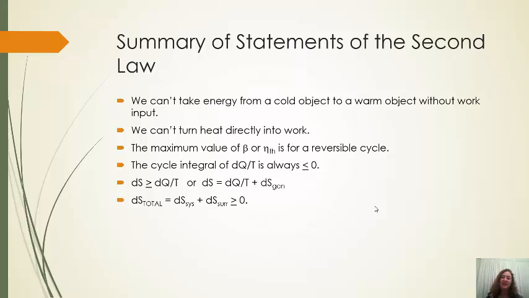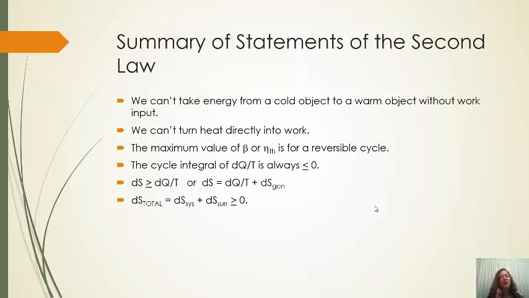And we also can say that the total entropy change for the universe, for some process, is how much entropy change there is for the system plus however much there was to the surroundings. That will be 0 if it's a reversible process, and for real processes, this net change in entropy will always be positive.